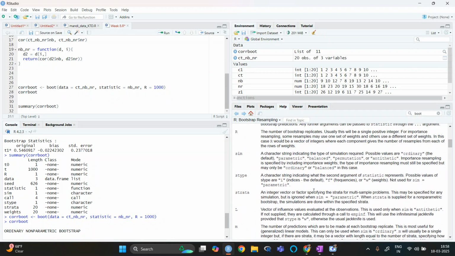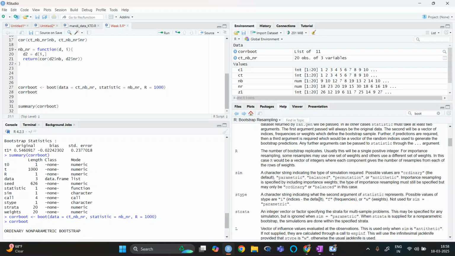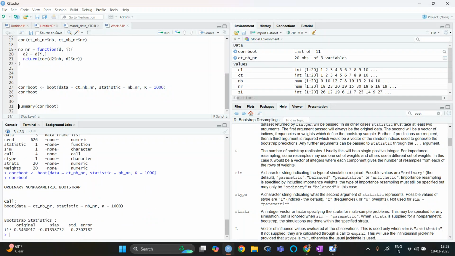So S type you can see from here, which is one, and then the strata, and then the weights. So strata and weights, we have not divided it into a small sample. So strata is basically the full one. So we have taken sample of n. So n is 20. So strata is of size 20. So it has just one. Okay, so this is the summary of this correlation one.